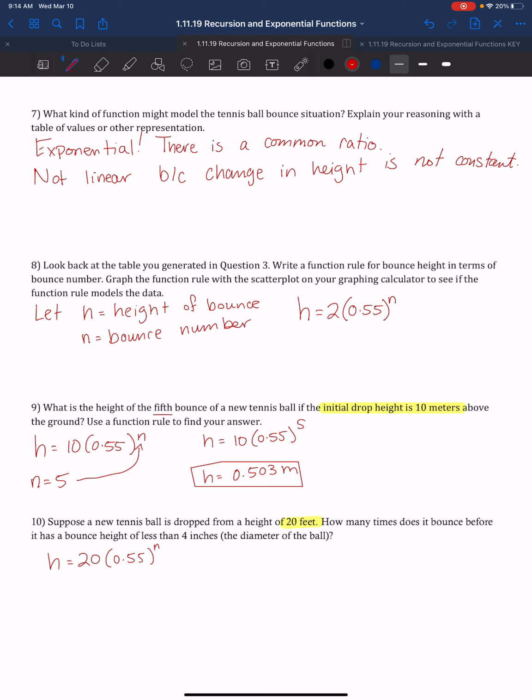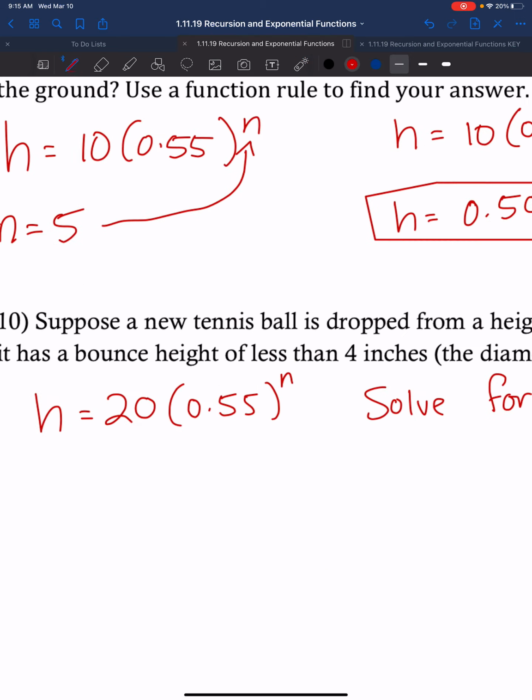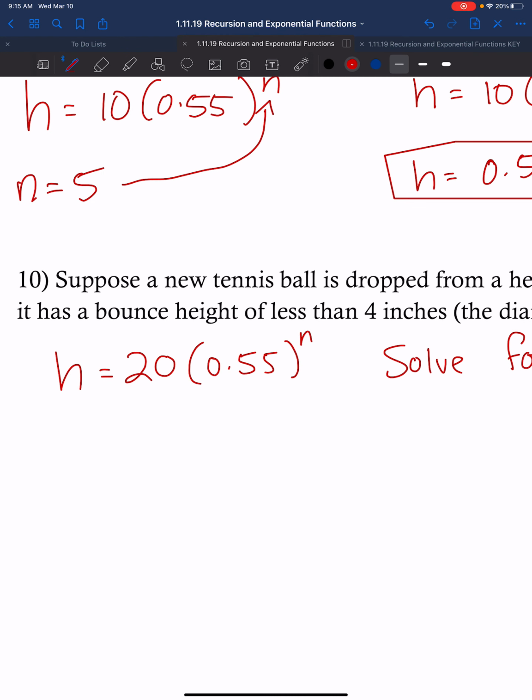And now I need to solve for n when h is less than or equal to 4 inches. So we know this has to be less than or equal to 4. We need to figure out what this value is. So if I were to take this on my calculator, just imagine you've got n and you've got h.